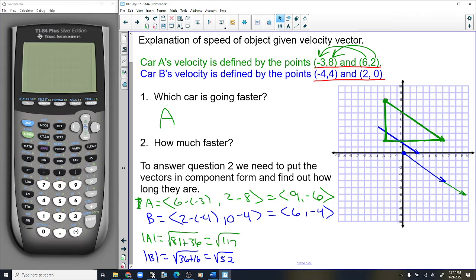Now if we want to know how much faster the green is going, we can do the square root of 117 minus the square root of 52. And that's going 3.605, let's say, miles per hour faster. But we've assigned a value to how much faster it is going.